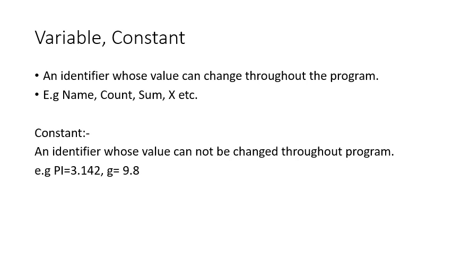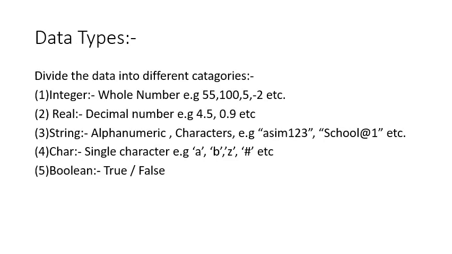Weight is a variable. Age is a variable which is changing. Weight is changing. Temperature is a variable. So those identifiers whose value can change throughout the program are called variables.